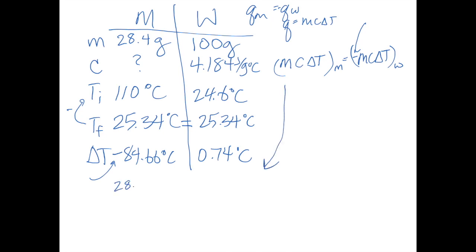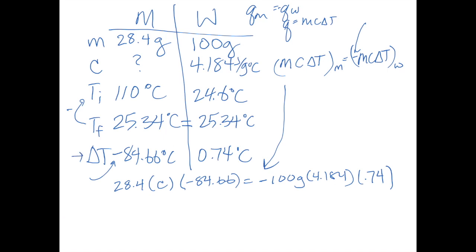So I'm going to say, all right, 28.4 times C. My temperature change is negative 84.66 equals negative 100 times 4.184 times 0.74. Okay, so I plugged all my stuff in from my table.